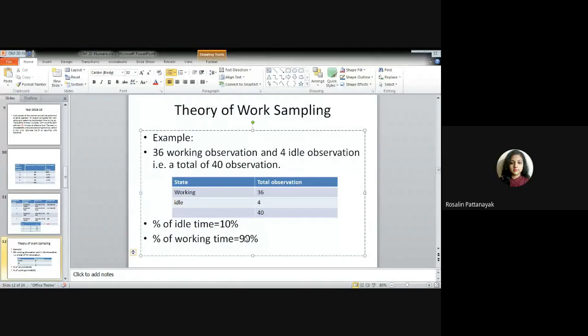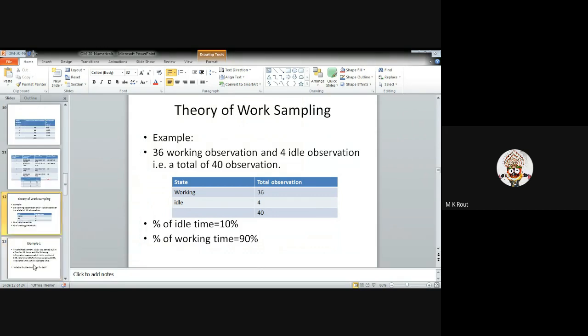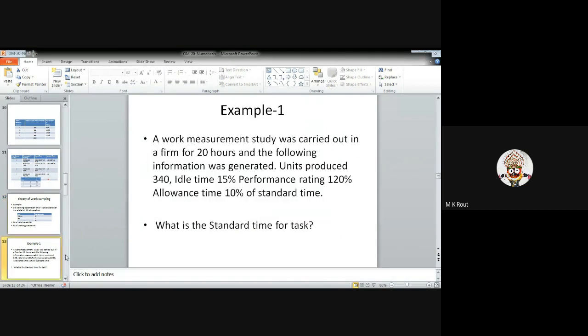Most of the time, people calculate the standard time using work sampling methods based on actual working hours or actual working observations. That is the concept behind work sampling for calculating the standard time as well as the normal time.